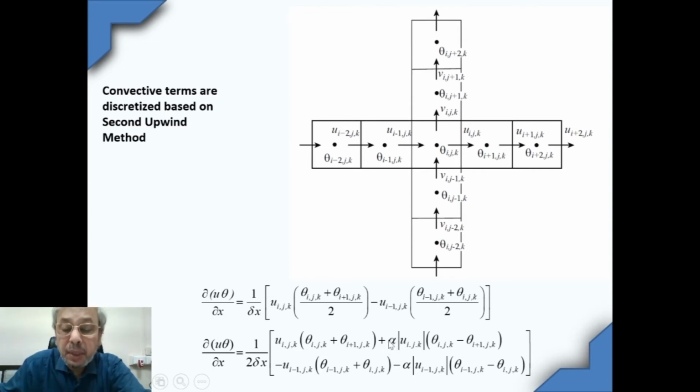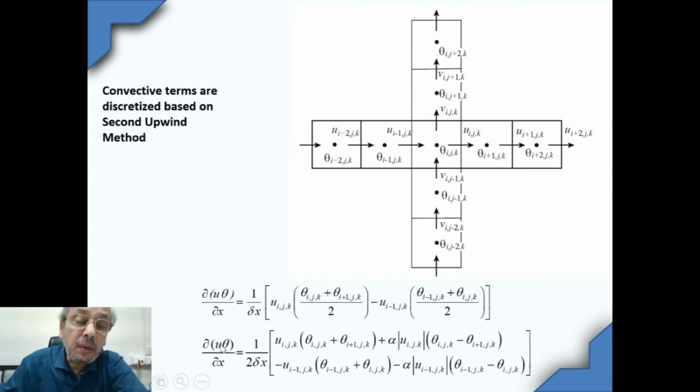So this is how we have discretized del x of u theta following the second upwind method, which we also followed for the momentum equations.